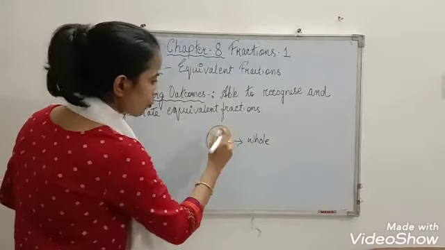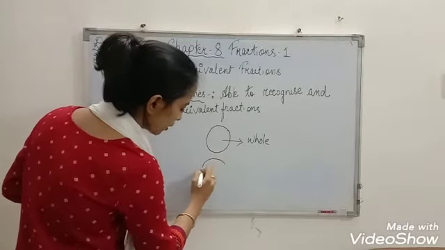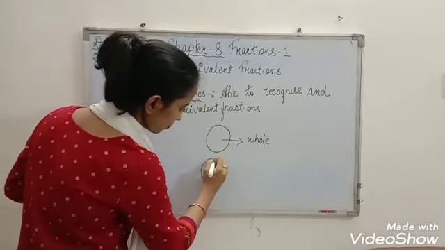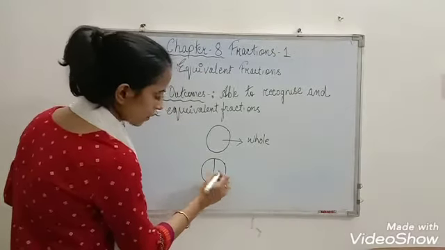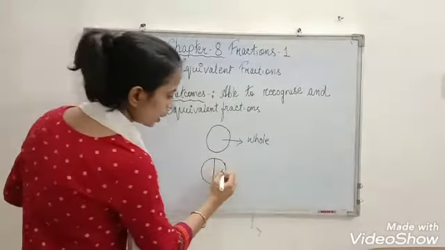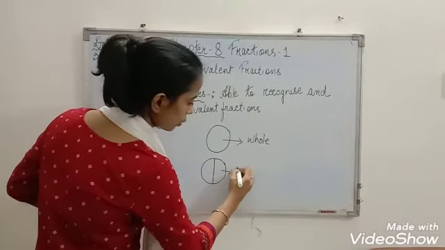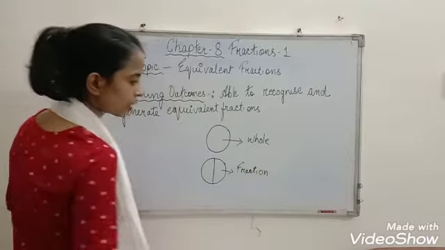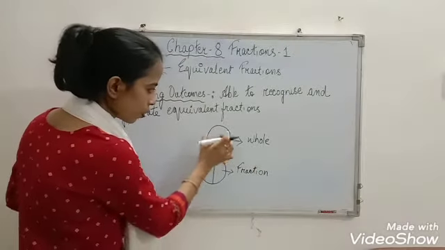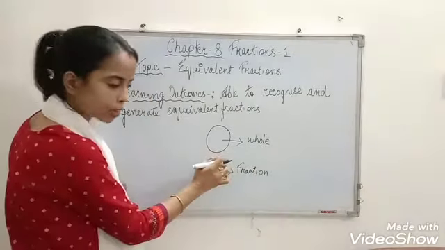When you divide the circle into two equal parts, each part represents what? Fraction. Got it? So the whole is divided into two equal parts.